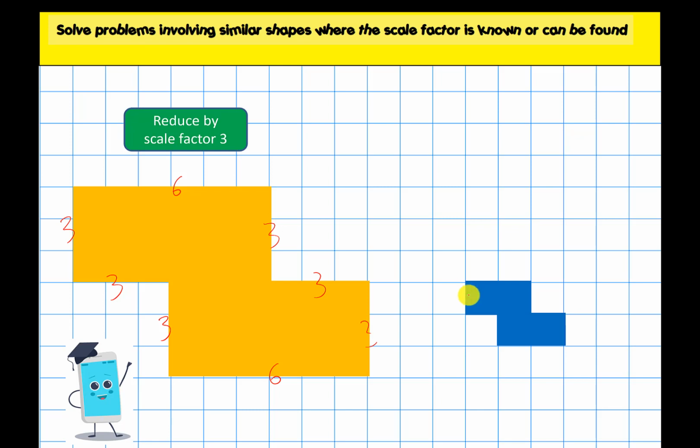And in our next shape, we've got 1, 2, 1, 1, 1, 2, 1, 1. And if we check, 6 divided by 3 is 2. All these 3's divided by 3 are 1. 6 divided by 3 is 2. And then all of these 3's divided by 3 are 1.